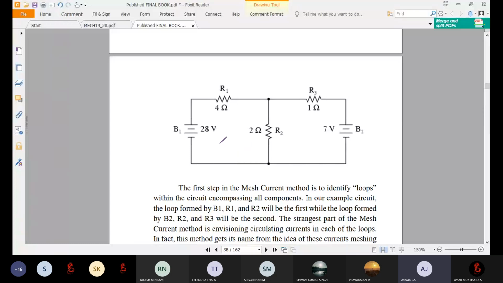Initially I have to mark the polarity. B1 is your voltage source. The longer line represents the positive, and the shorter line represents the negative. You already know this. So first assign that: plus and then minus.